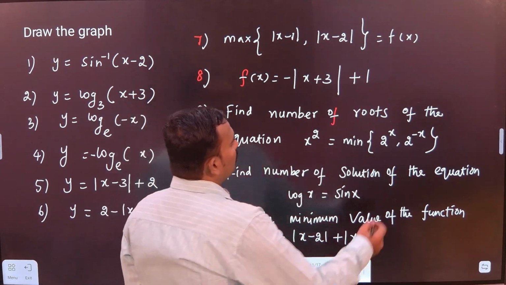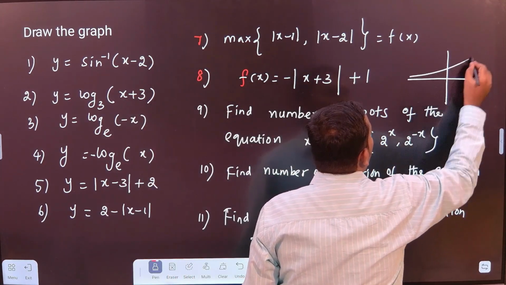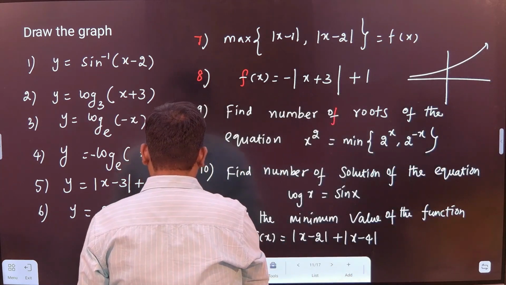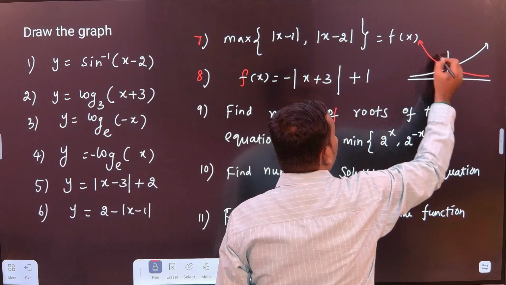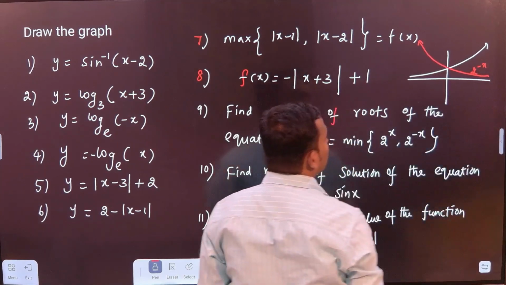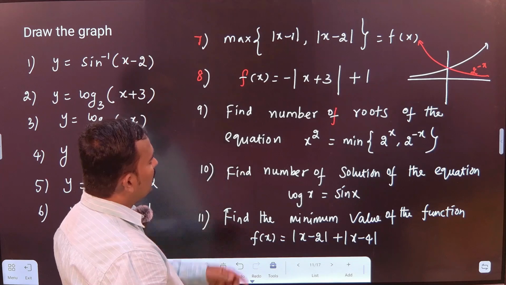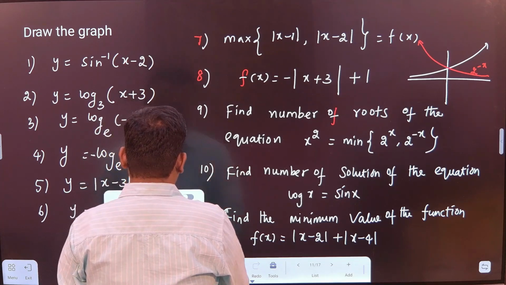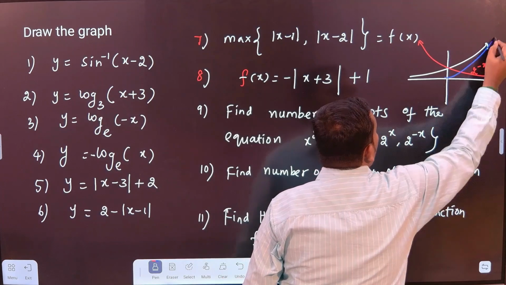If you draw the graph of 2 power x, the 2 power x graph is this one. And when you take the 2 power minus x graph, it is a decreasing graph. And then you can see y is equal to x square graph. When you draw the x square graph, this graph will be like this.